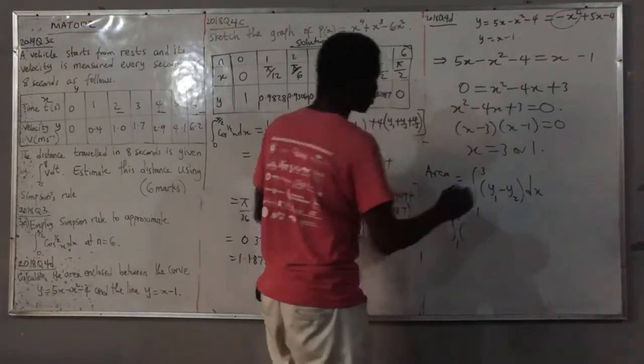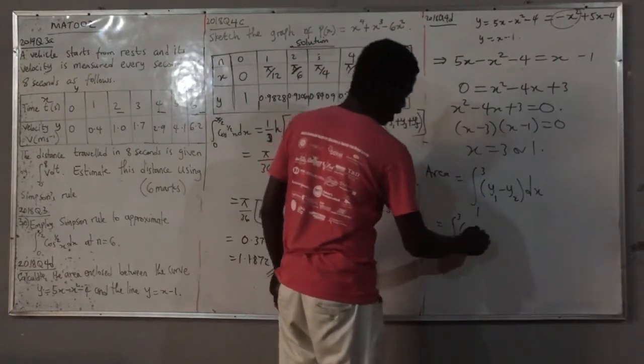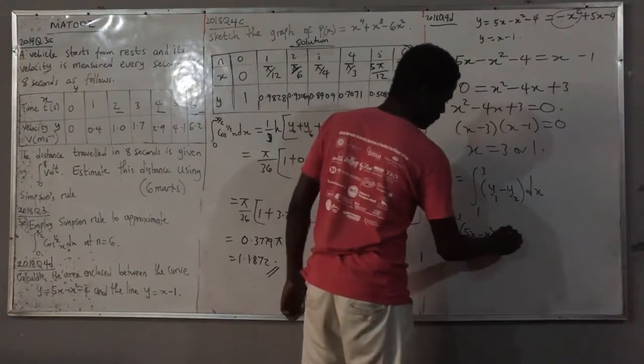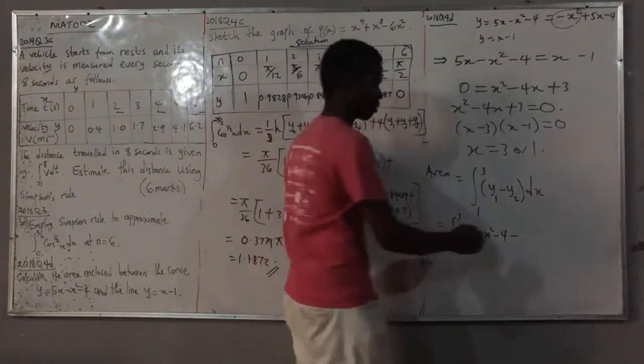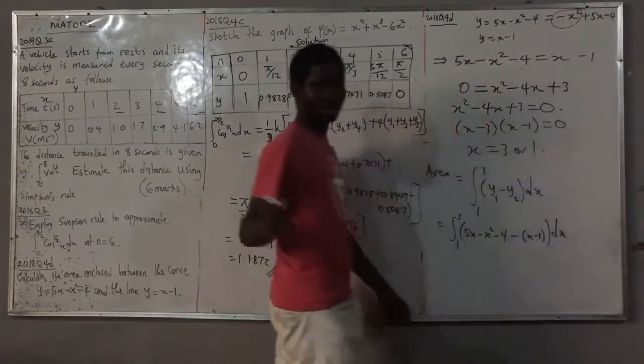What is y1? y1 is this, 5x minus x squared minus 4, minus y2. y2 is x minus 1. That's how to find the area under the curve.